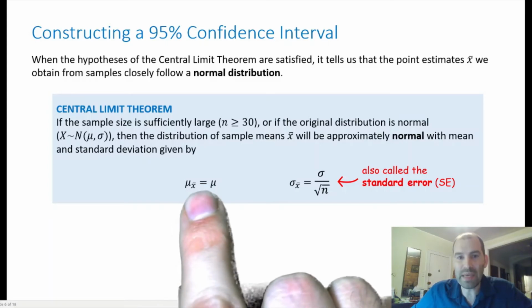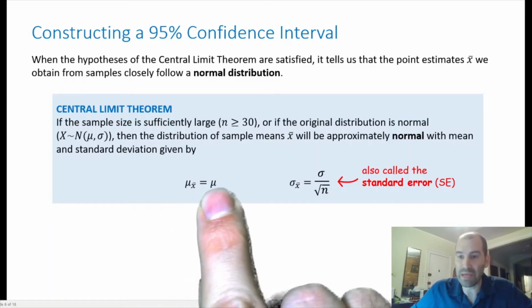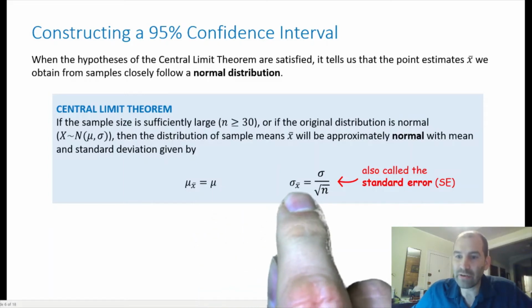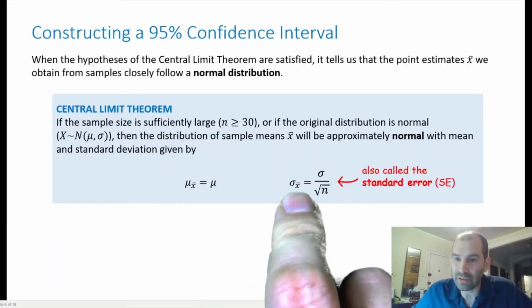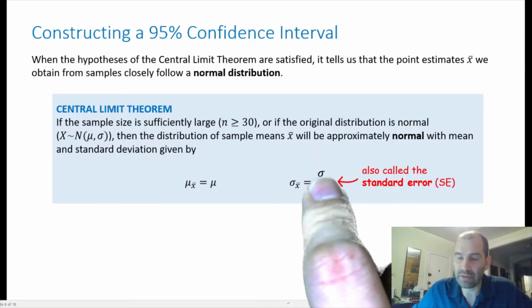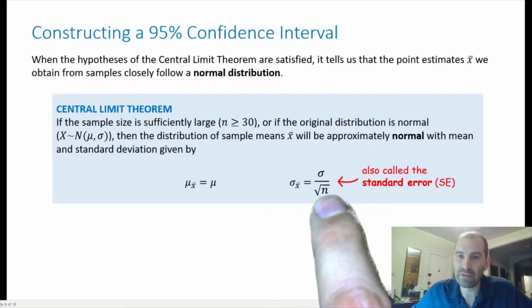It says that the mean of the sample means is the mean of the original distribution, the distribution where the values came from that we used to compute the sample mean. What's the standard deviation of the sample means? Well, it's the standard deviation of the original distribution divided by the square root of the sample size.